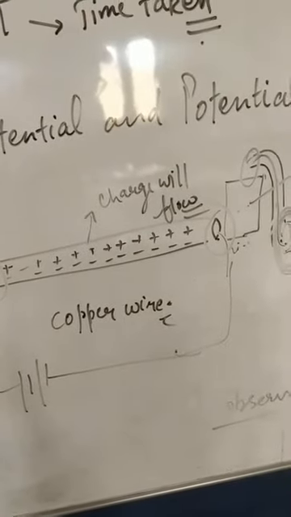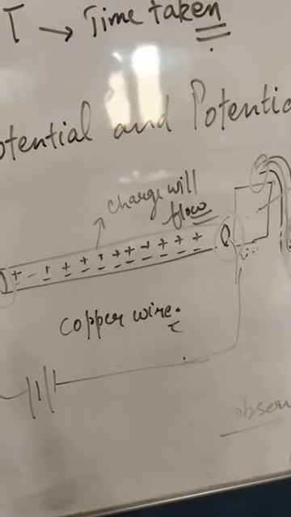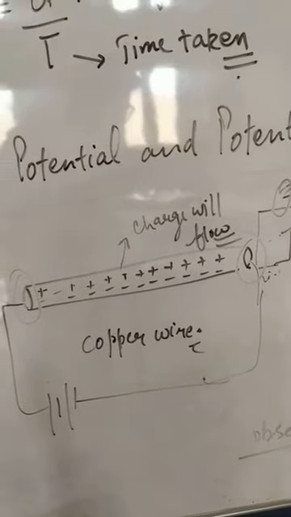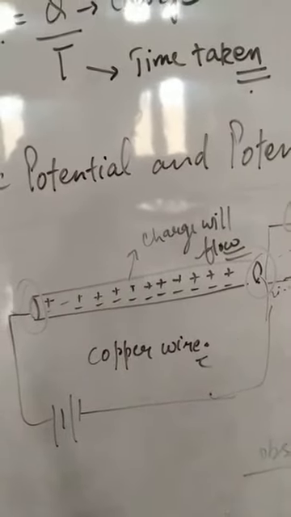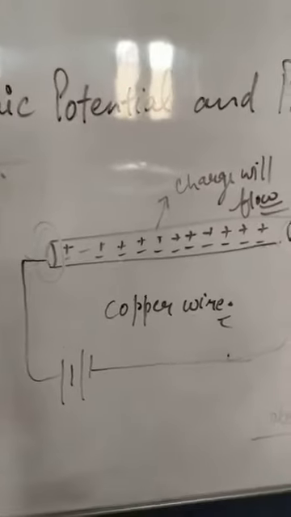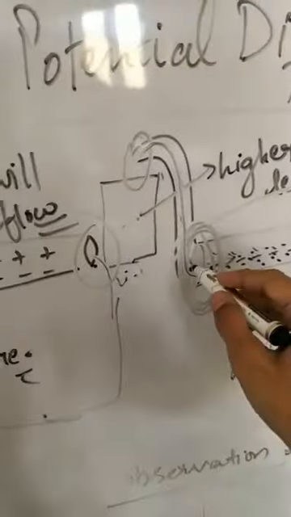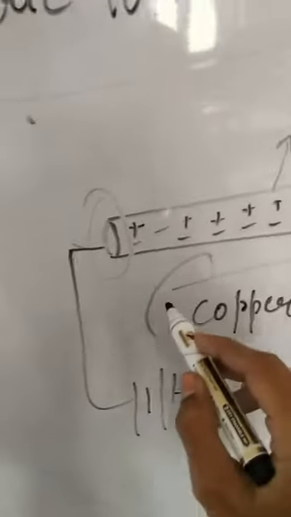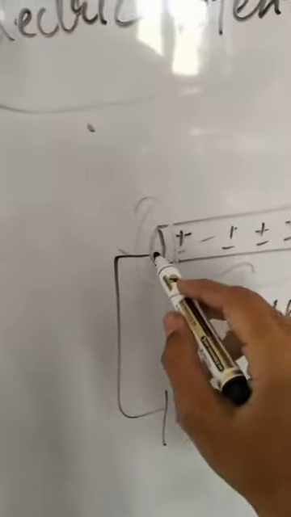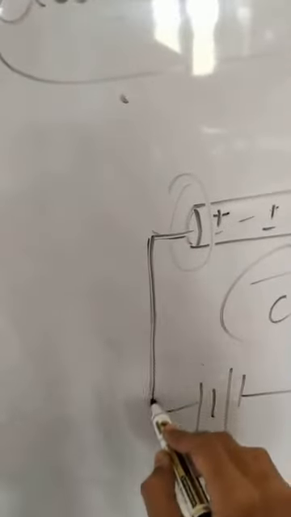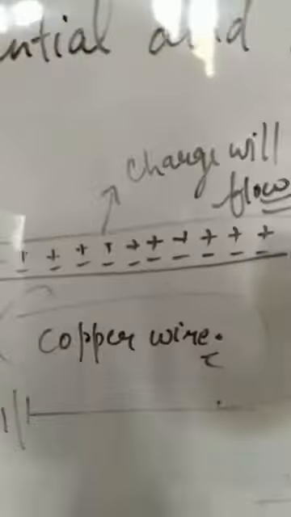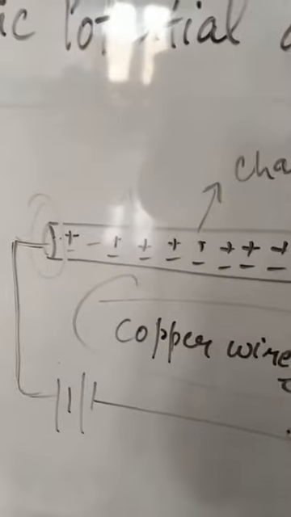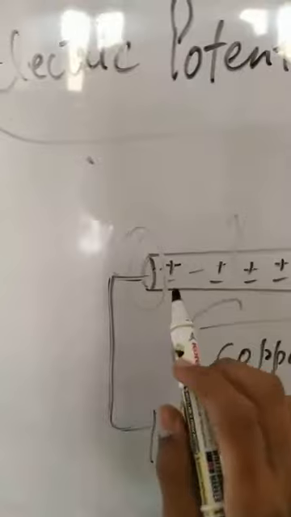This means that in this conducting metallic wire, the electrons move only if there is a difference of electric pressure. In a tube there is a difference of pressure, and in this copper wire, if there is a difference in electric pressure between the two ends, then these charges flow.